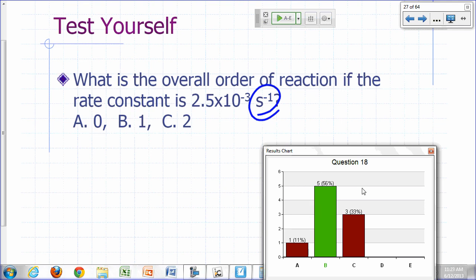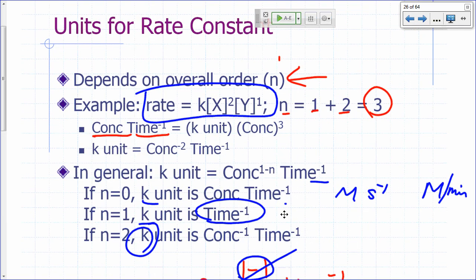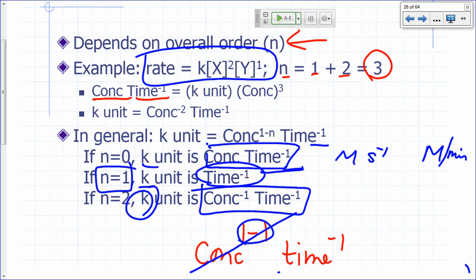First order. Okay. You go back and see. If it's just per unit time, it's first order. If it's concentration per unit time, it's zero order, just like rate. If it's per concentration per unit time, the overall order is second order.